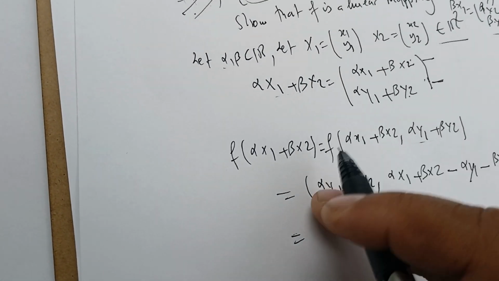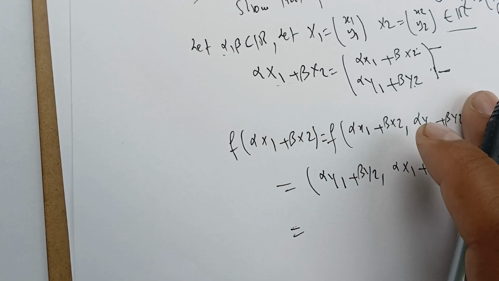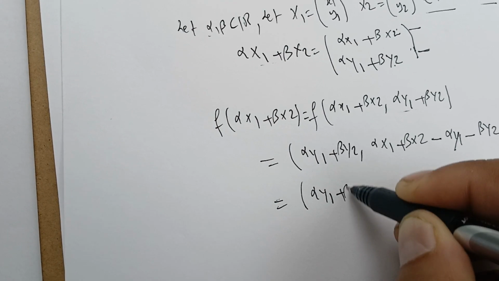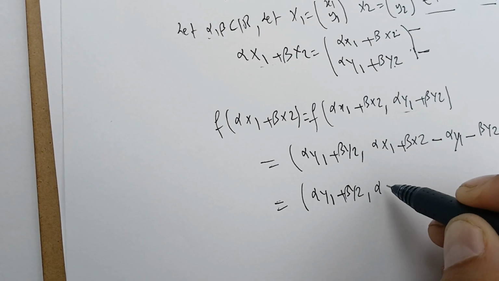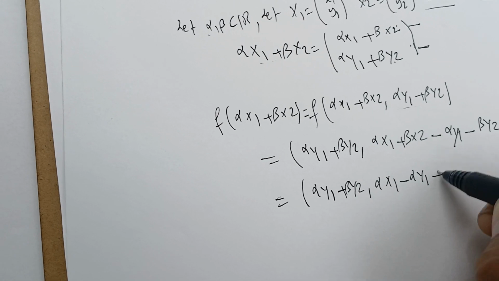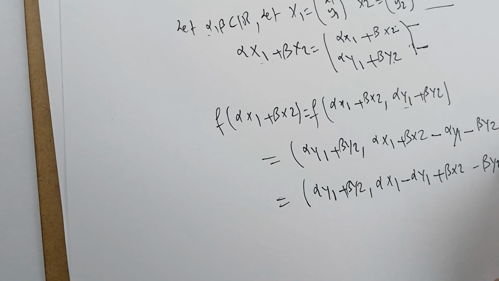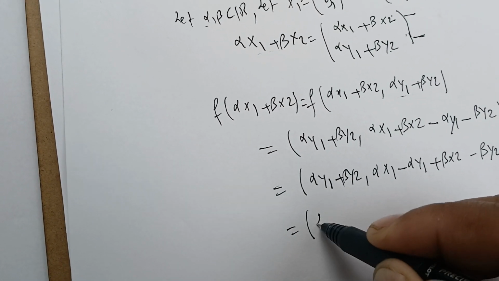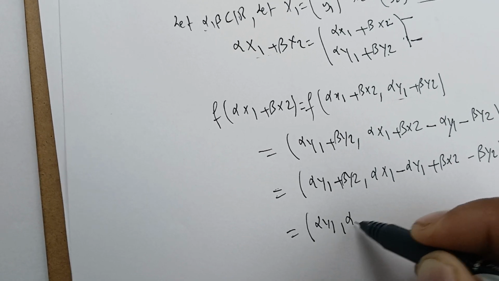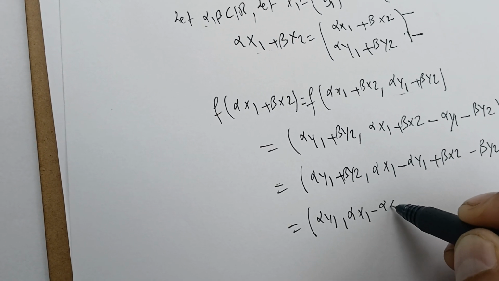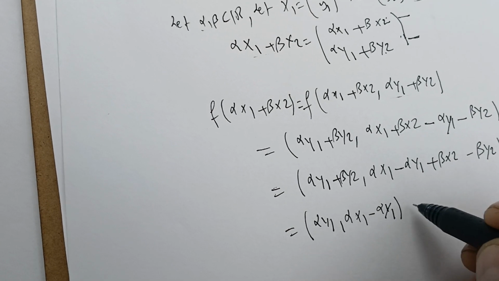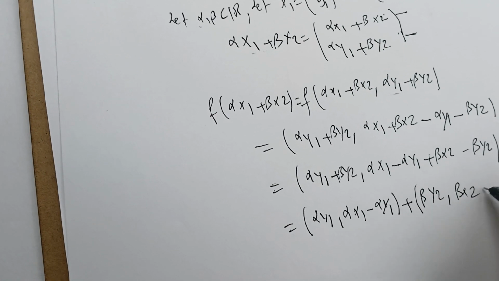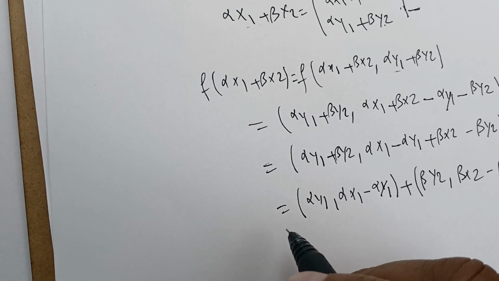Now we try to combine the alphas with the alphas and the betas with the betas. This will help us a lot. So we have αy1 + βy2, and here we have αx1 − αy1 + βx2 − βy2. Now we can write it in this manner: α(y1, x1 − y1) + β(y2, x2 − y2).